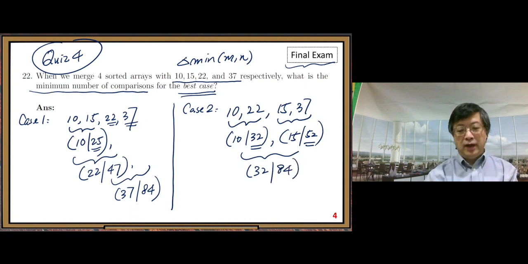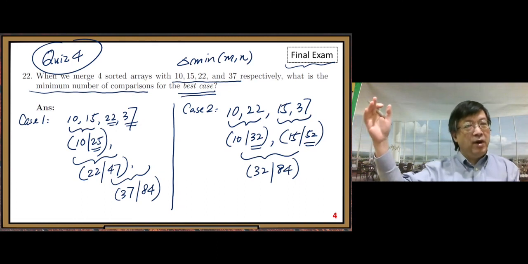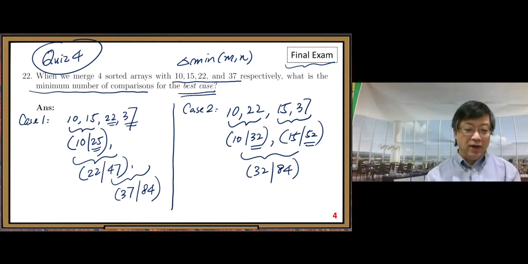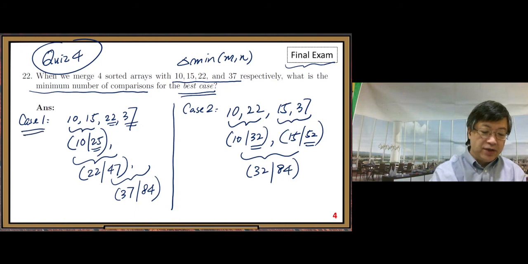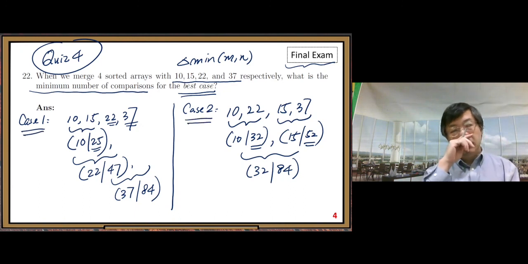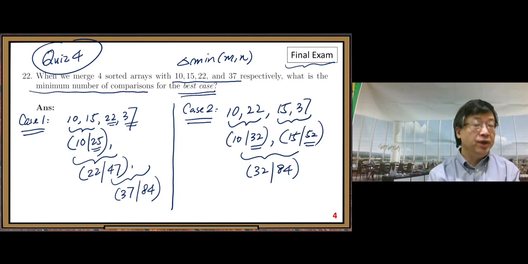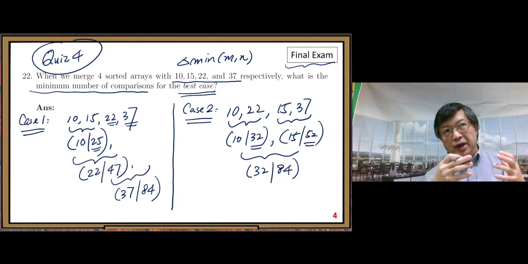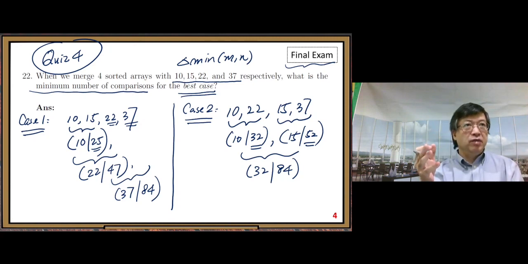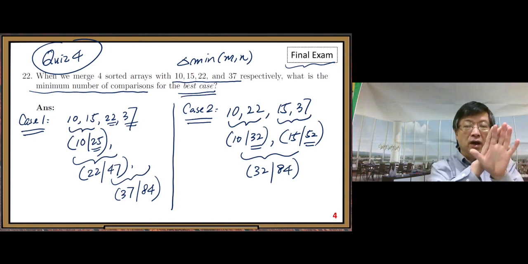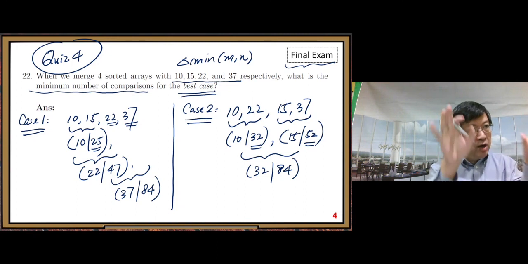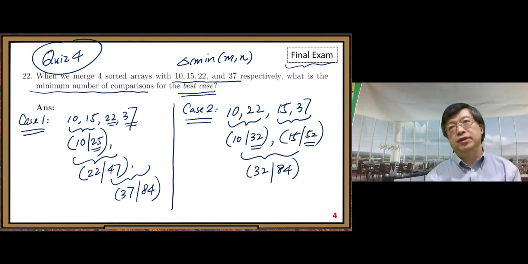Then you count the number of comparisons. When you do these two cases, that should be good enough, because we try to take advantage of arrays with the smallest possible sizes. So that's why we look at these two cases.